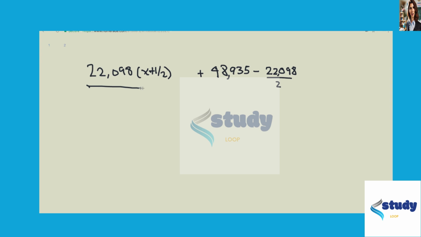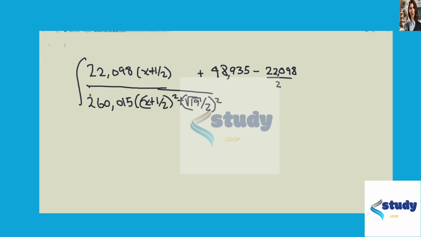And then now let me just split this into two fractions. I still have that 260,000 out there. And now after I completed the square, I have this, and then root 19 over 2, square that as well. So that's the first integral, and the same denominator will show up in the fraction.